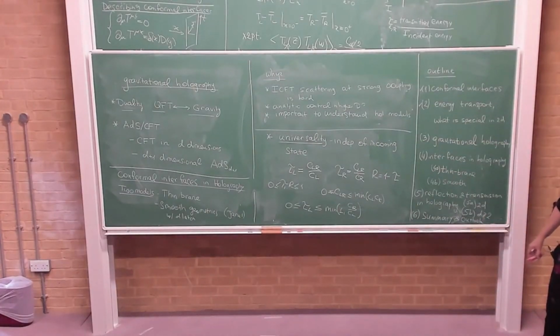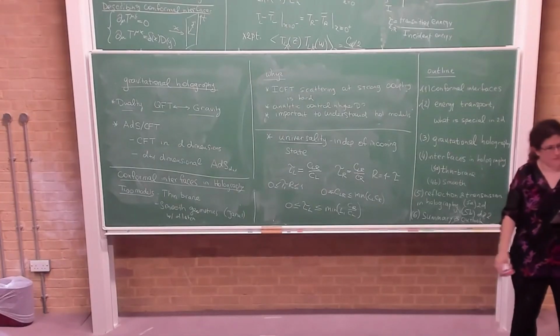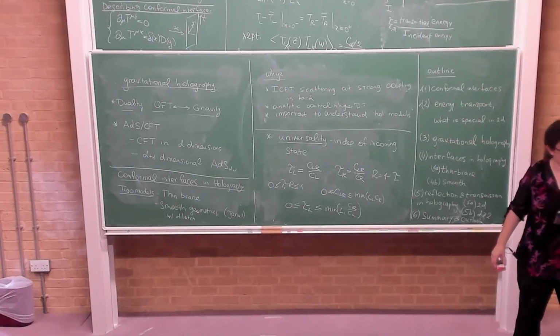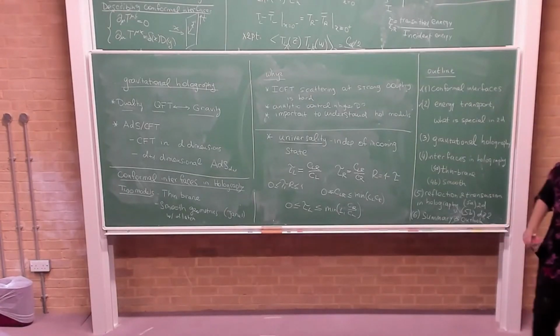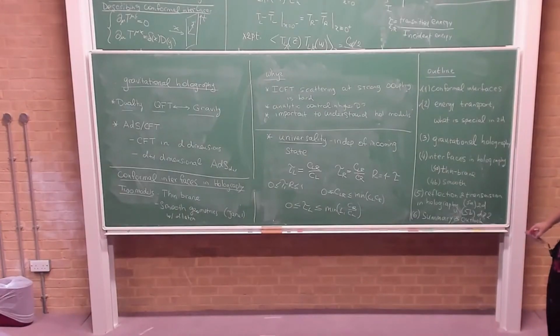You defined it between two CFTs which can be different. Right. Then the theory on the gravity side will also be different. Absolutely. That's a great question because I'm going to answer it in a second. Right.